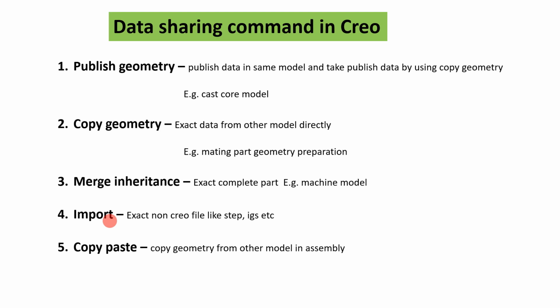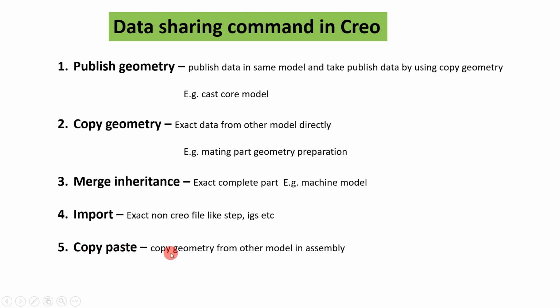Here also we get the complete model but in a different format. Suppose someone created it in UG NX, CATIA or SolidWorks, those models we can also import with the help of the import command.